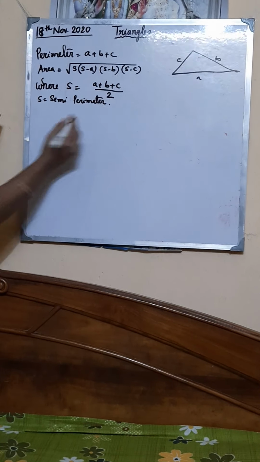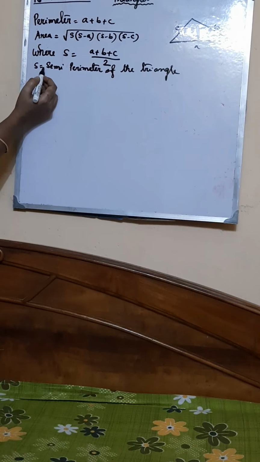Okay. Semi-perimeter of the what? Of the triangle. This formula is used for the area of the triangle where the triangles have different sides. Okay.